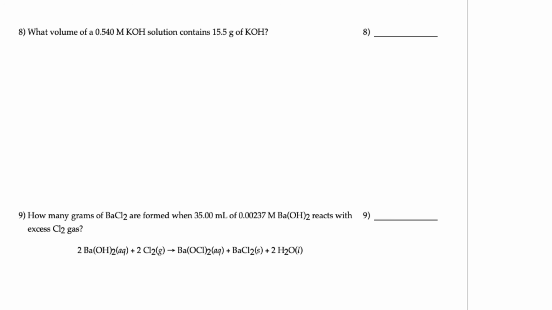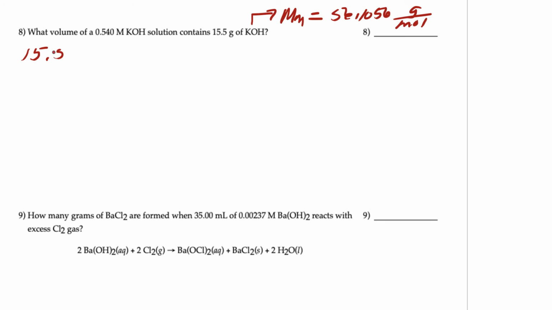And so the molar mass of potassium hydroxide is 56.1056 grams per mole.